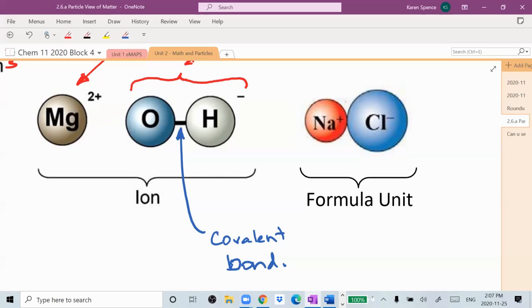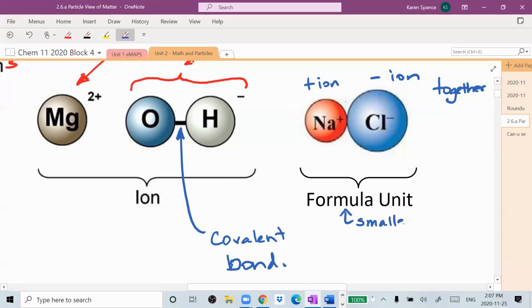So a formula unit is a positive ion and a negative ion together. This is the smallest possible unit of an ionic compound, hence the term formula unit.